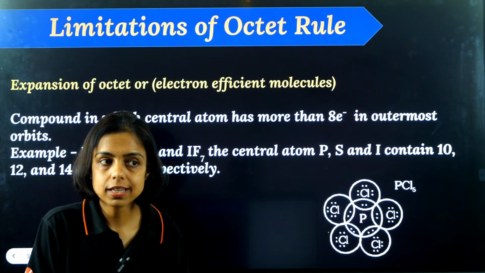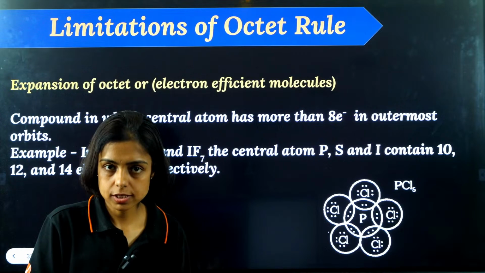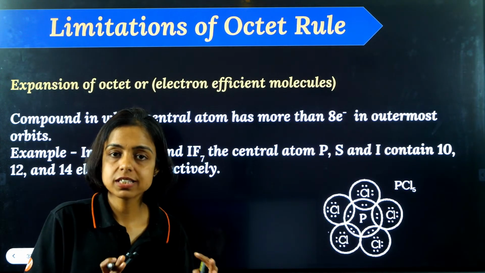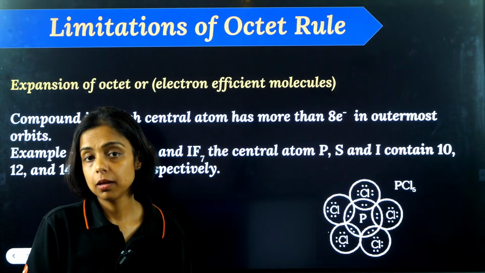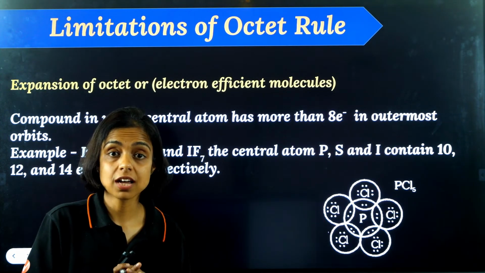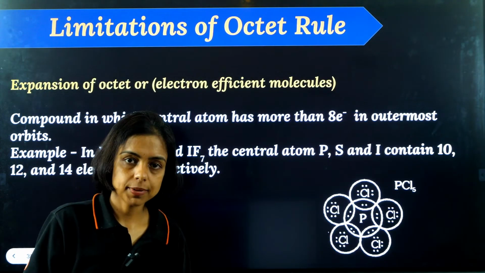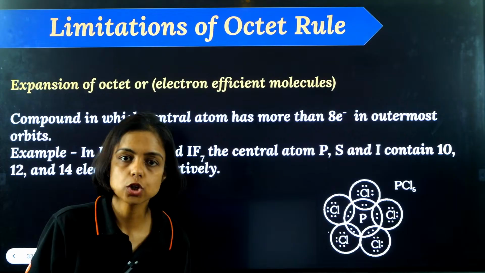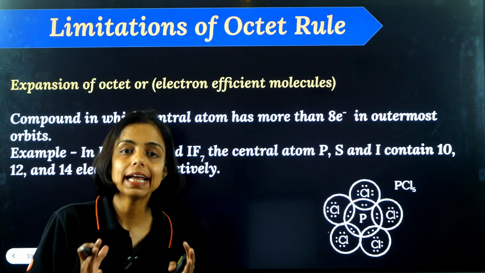So those atoms which have d orbitals in the valence shell can expand their octet. But elements which just have the second shell as the valence shell, second period elements, cannot, because the second shell has only 2s and 2p and can accommodate a maximum of 8 electrons.